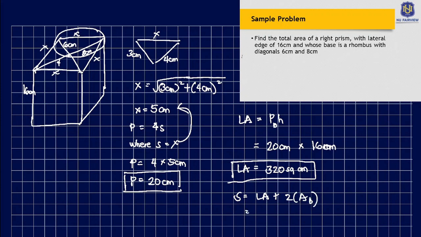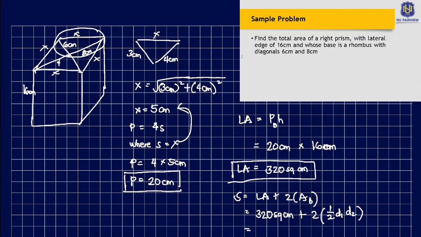Now, ano nga ang ating lateral area? So, that's 320 square centimeter plus ang area ng ating base, which is a rhombus. Ano kaya ang formula? Kung natatandaan nyo pa po, ang formula ng area ng rhombus na given ang diagonal ay 1/2 d1 times d2.